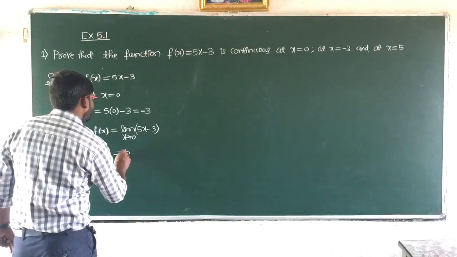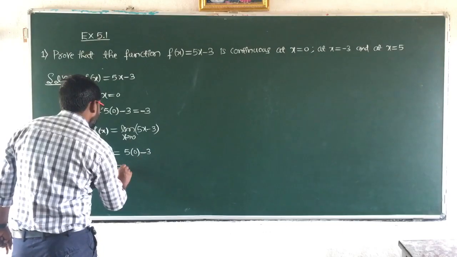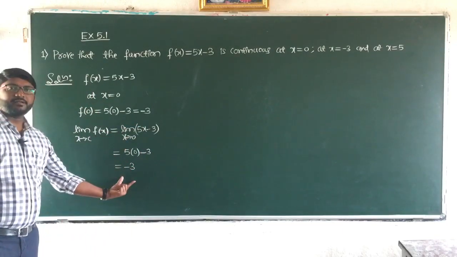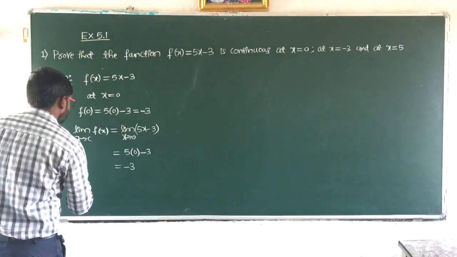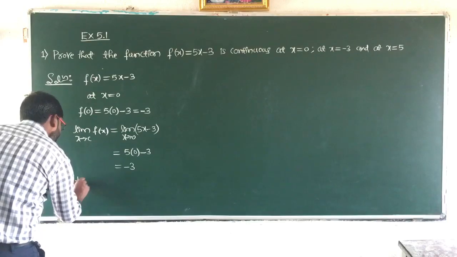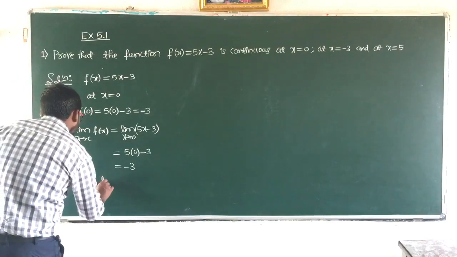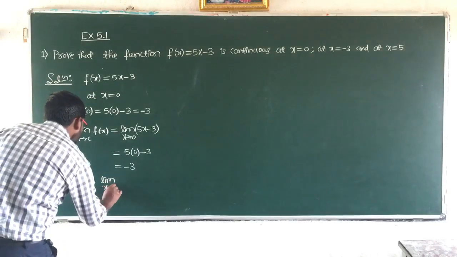We get 5 into 0 minus 3, this will be minus 3. So the value of the function and the limit of the function are equal, therefore the function is continuous at x equal to 0.